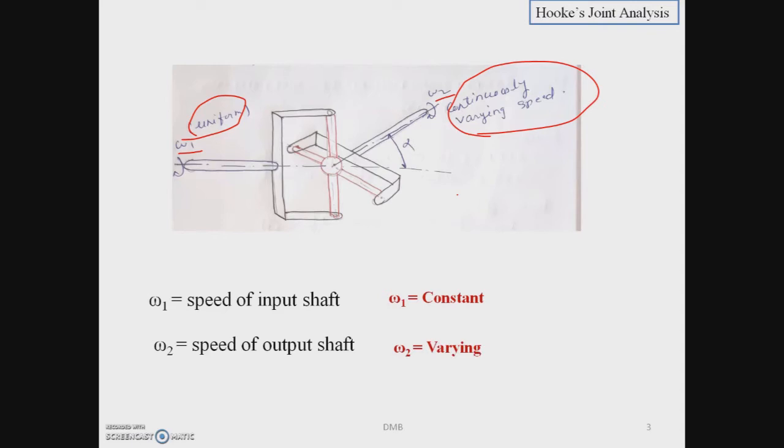Even though the speed of output shaft is varying continuously, both the shafts complete one revolution in the same amount of time. So we can conclude that the mean speed of output shaft equals the speed of the input shaft, because both the shafts complete one revolution in the same amount of time.